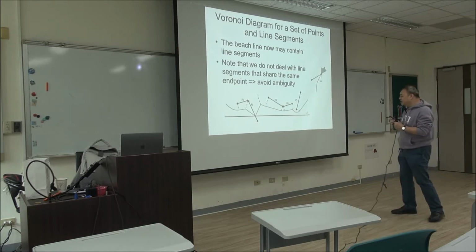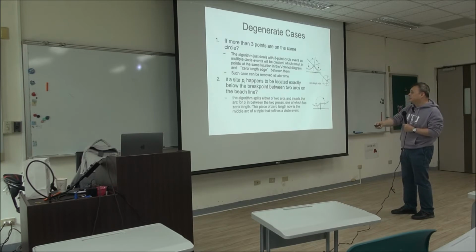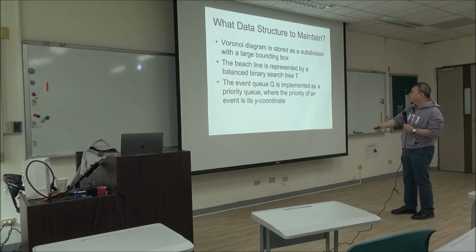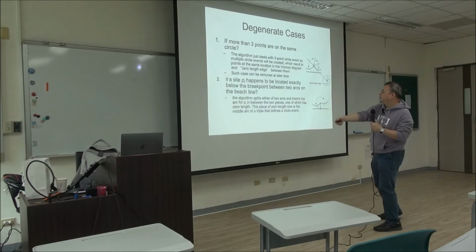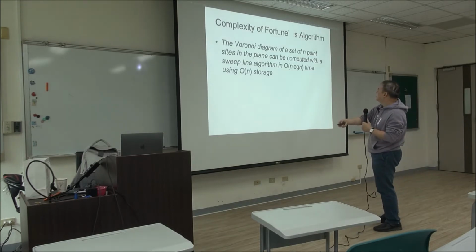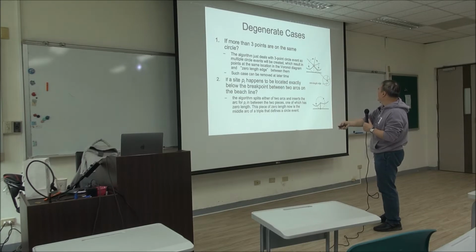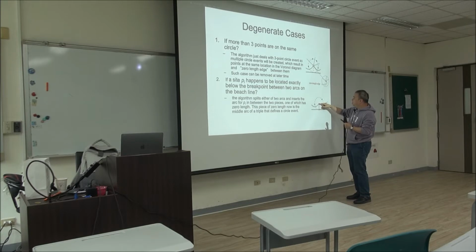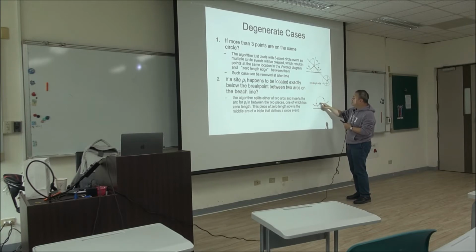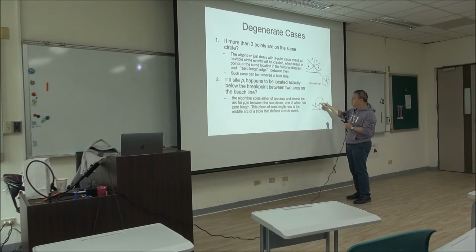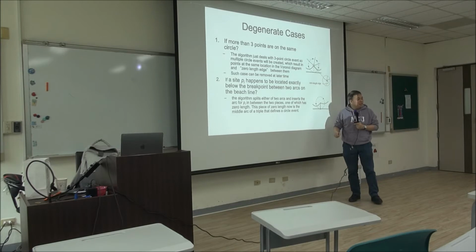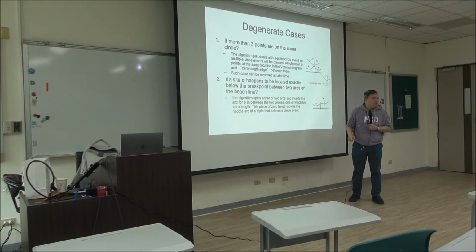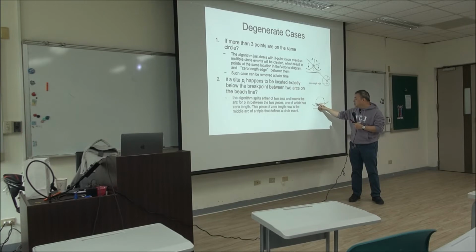For example, this point is closest to both these two sides. So this point will trace out one edge in the Voronoi diagram, because it is closest to more than one side, right?